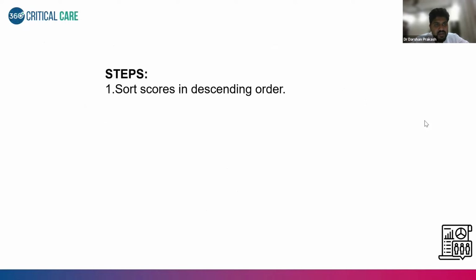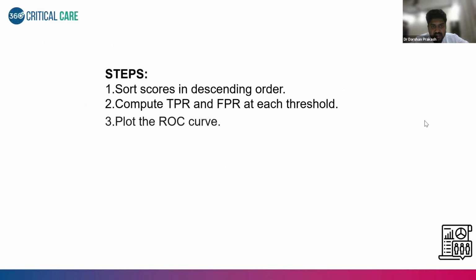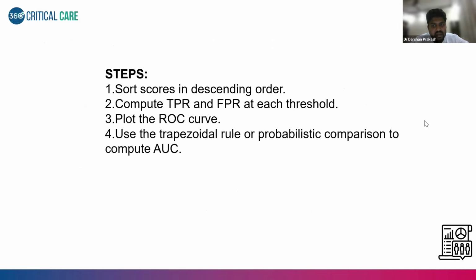So how do we go about the steps? Sort the scores in descending order, compute the true positivity rate and the false positivity rate at each threshold, plot the ROC curve, and use either the trapezoidal rule or the probabilistic comparison to compute the area under the curve.